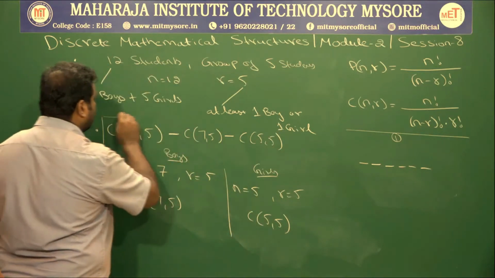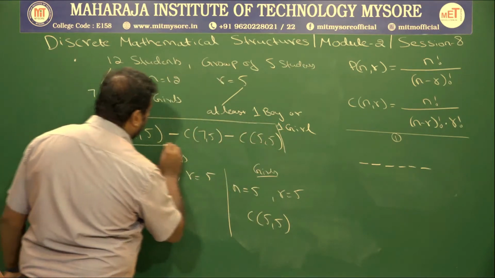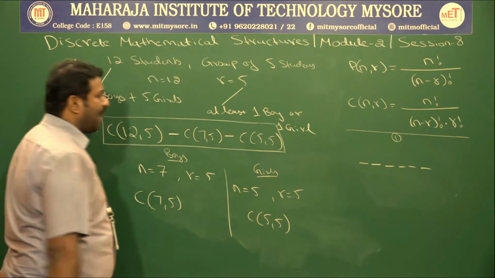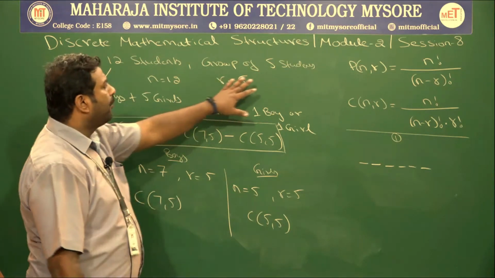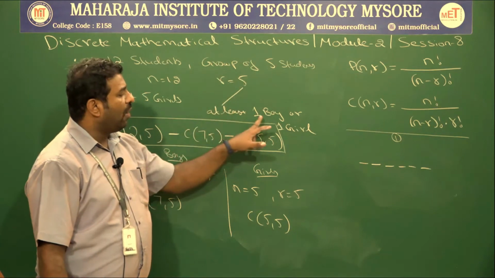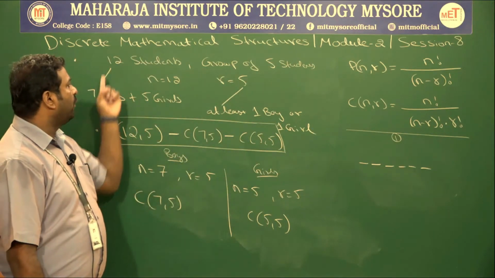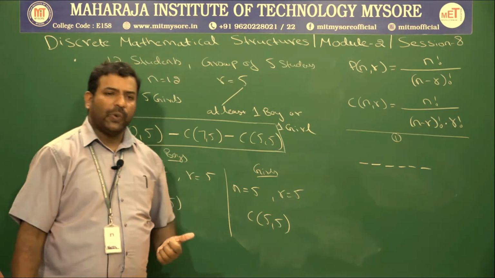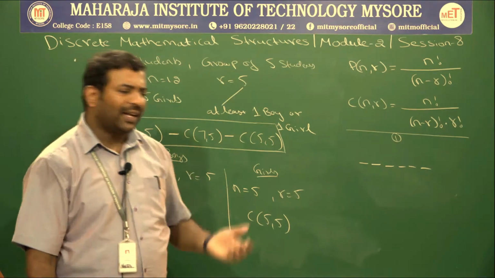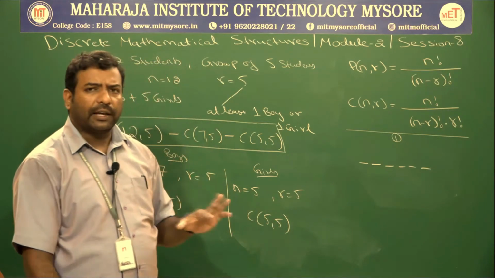If I find the solution for this, applying the combination formula, I know how many ways I am going to have to form a group of 5 students where I have at least 1 boy or 1 girl. So we are going to analyze the problem and apply the combination as and when required.